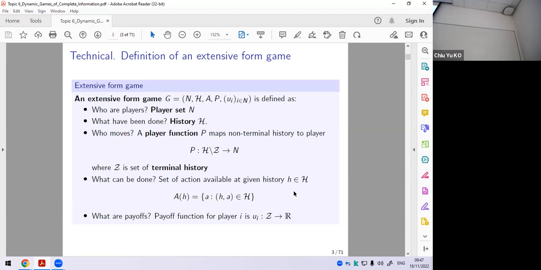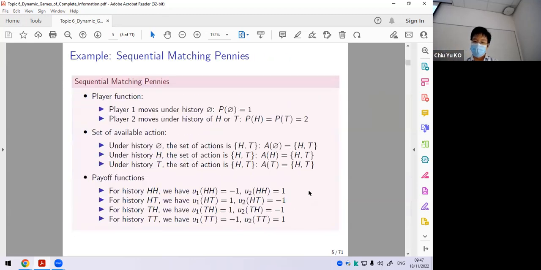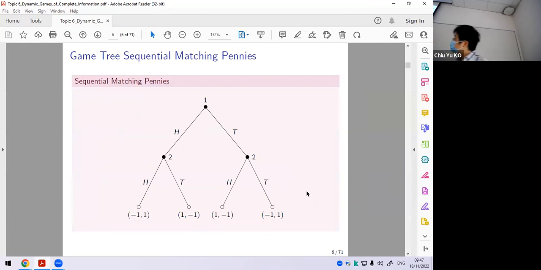Unlike the normal form game, where you probably have to define it carefully: what's the player set, strategy set, and payoff function? But here you have to be very careful. Make sure that all these things are well defined in your setup, right? If you try to describe this game, it's rather simple.